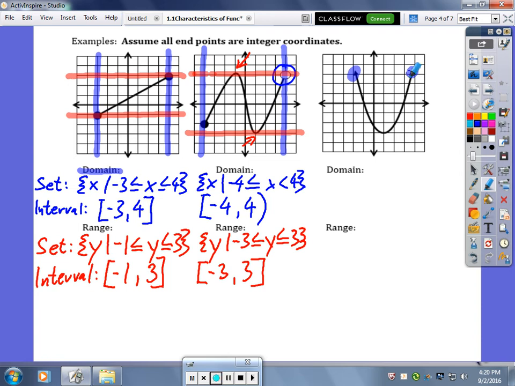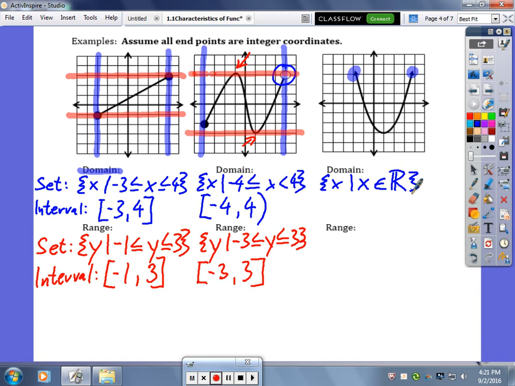The curve keeps going in both directions, on and on and on. So therefore, our domain is x such that, and now we're talking about numbers that go all the way from negative infinity to positive infinity. But to make things easier, all you need to write here is x is an element of the real numbers. All real numbers are part of this domain.